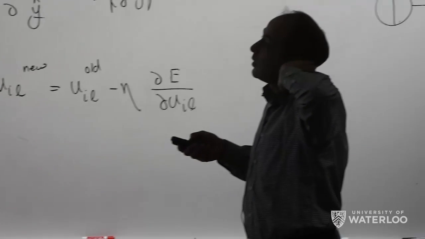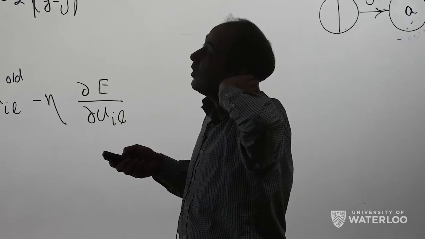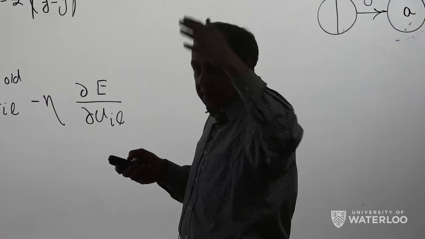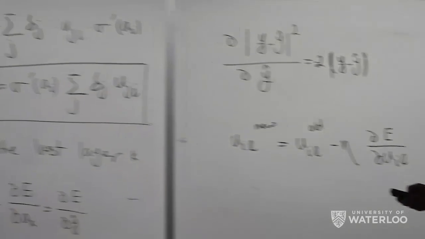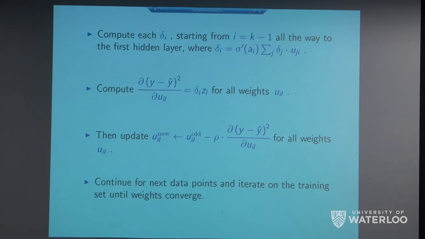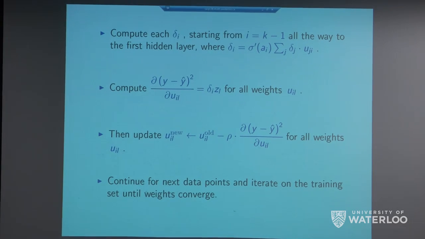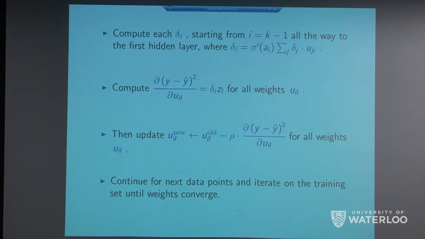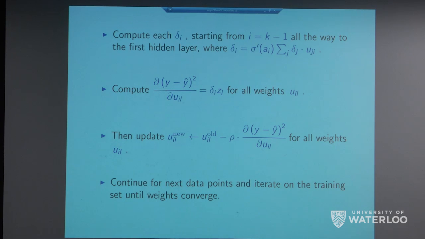So that would be this nonlinearity times the summation over all of the lambda j's. So it's a recursive formula which computes each lambda based on the lambda of the layer after that. So you have lambda k, you can compute k minus 1. Then you have k minus 1, you can compute k minus 2, and so on. So basically, you can compute all of the lambdas.